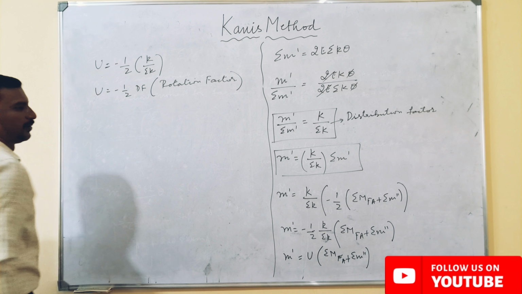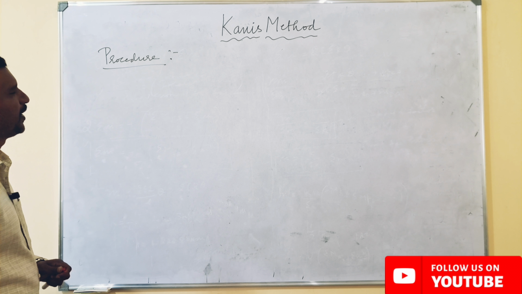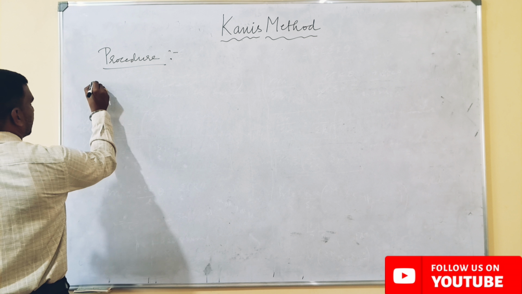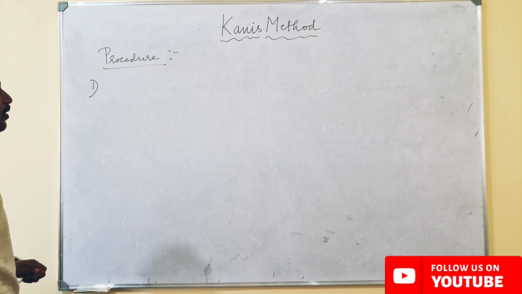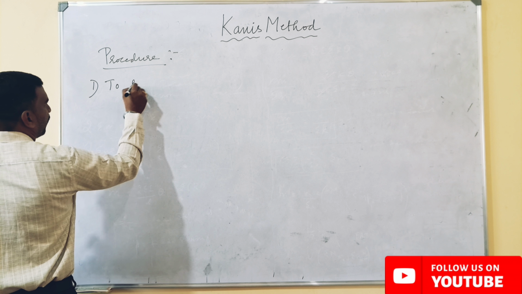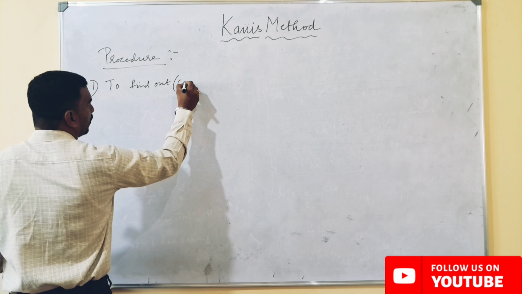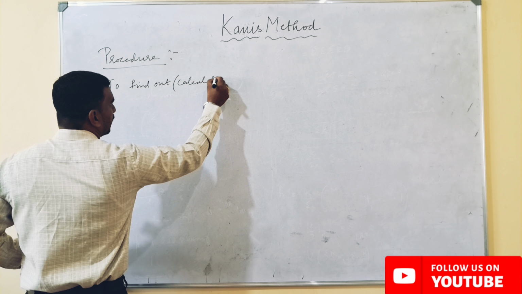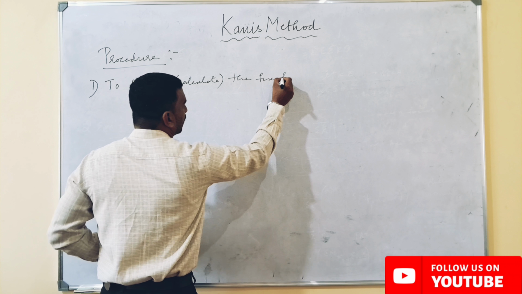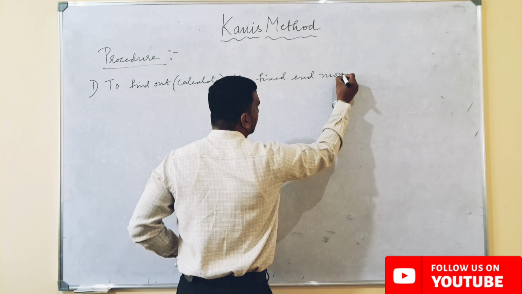So now we shall see how to analyze the indeterminate structure with the help of Kani's method, that is the step-by-step procedure. The first step we need to follow in Kani's method is to calculate the fixed end moments.